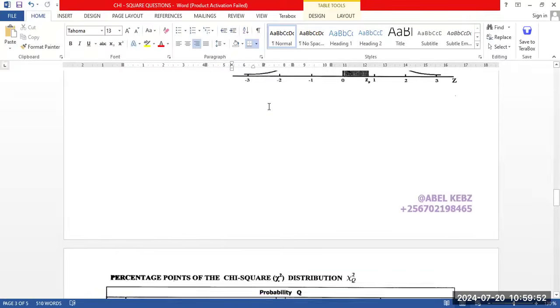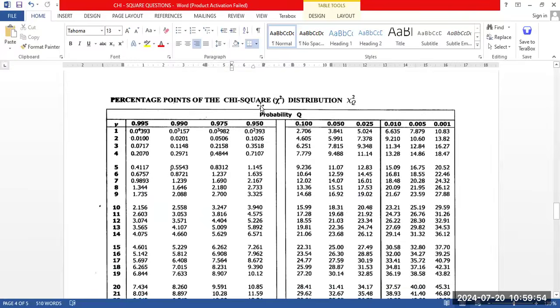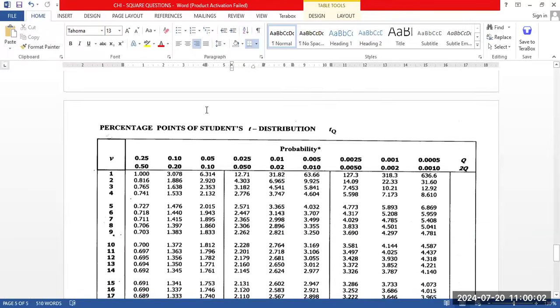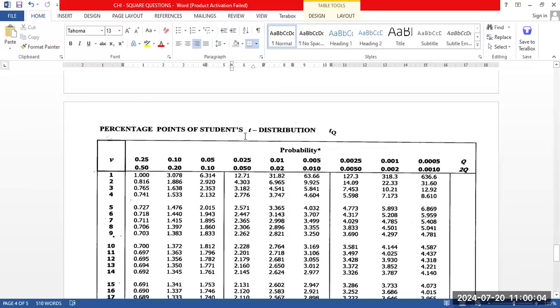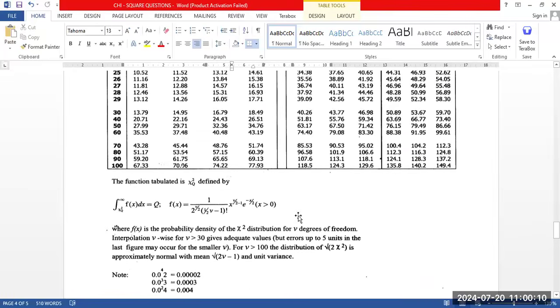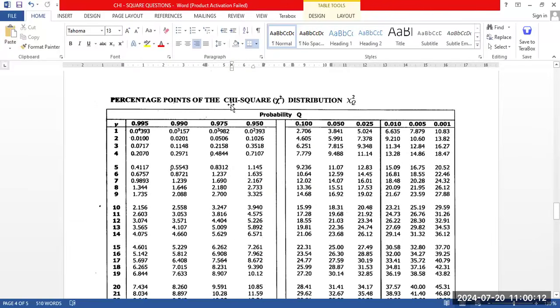Then the next table is the chi-square distribution. Are you seeing that, colleagues? Then you will also find the T distribution table. But since we are dealing with chi-square, we are going to use this table.